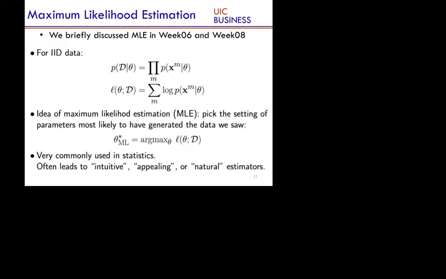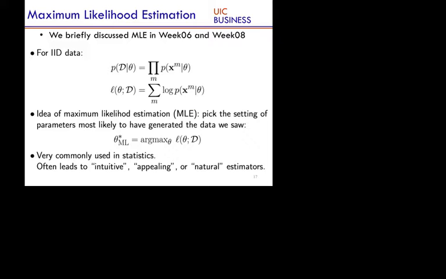Since the trials are independent, you can make it a product of terms: probability of heads given theta equals 2/3, and probability of tails given theta equals 2/3. It's just a product of those numbers.